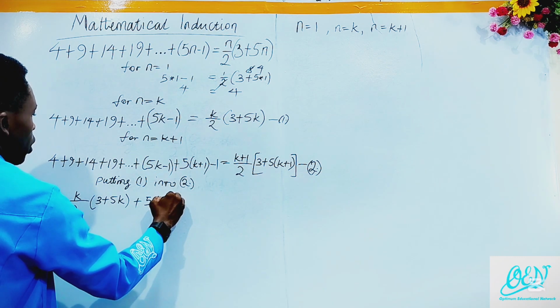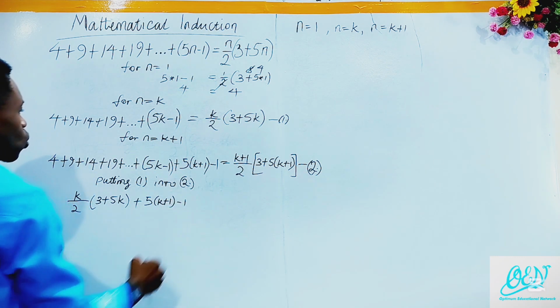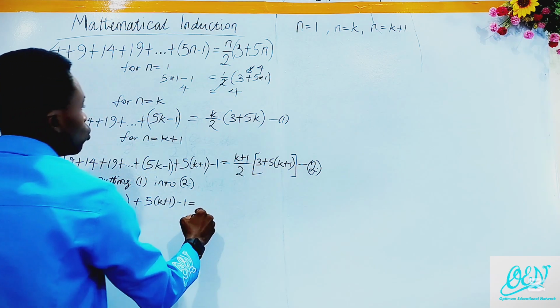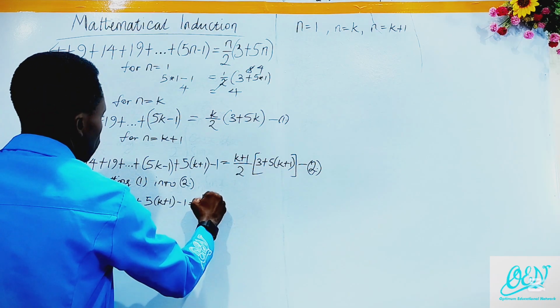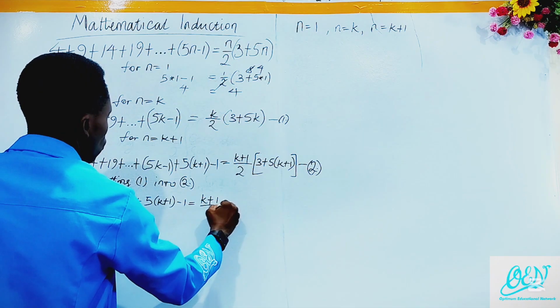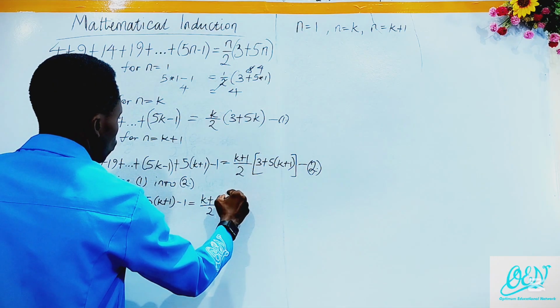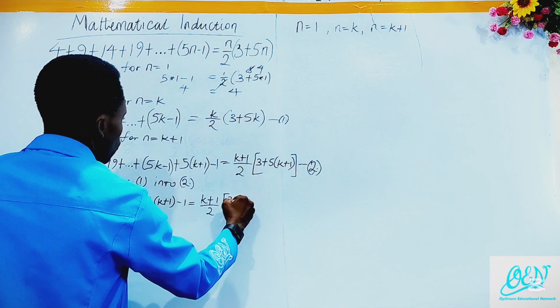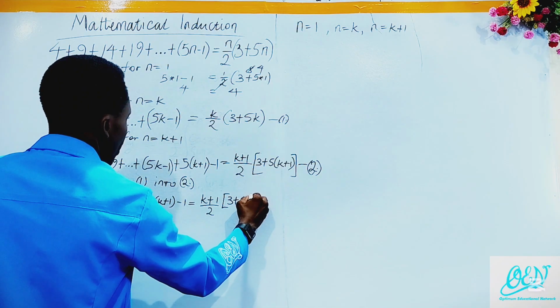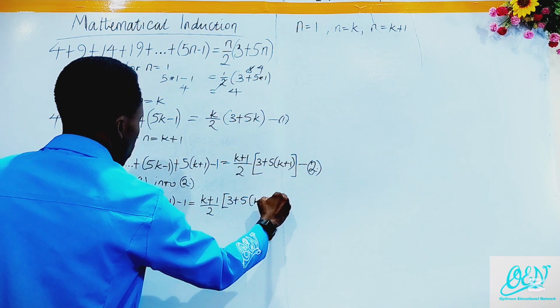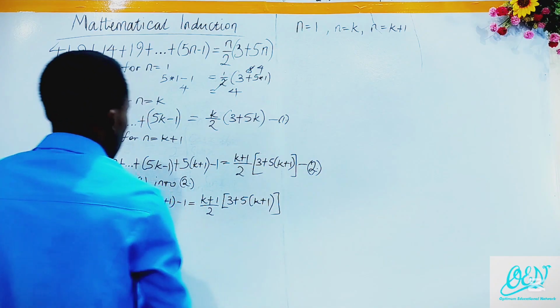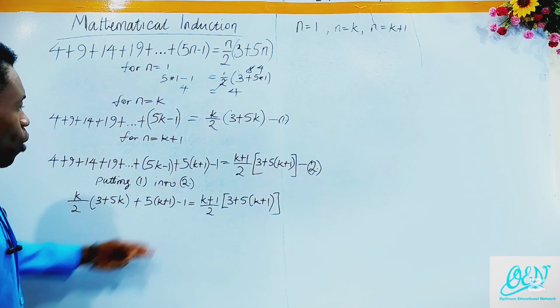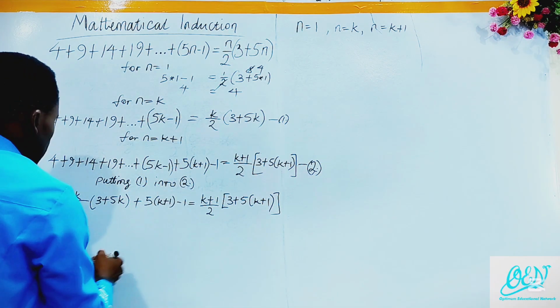5 into k plus 1 minus 1 is equal to k plus 1 over 2, 3 plus 5 into k plus 1. So now we can begin to expand.